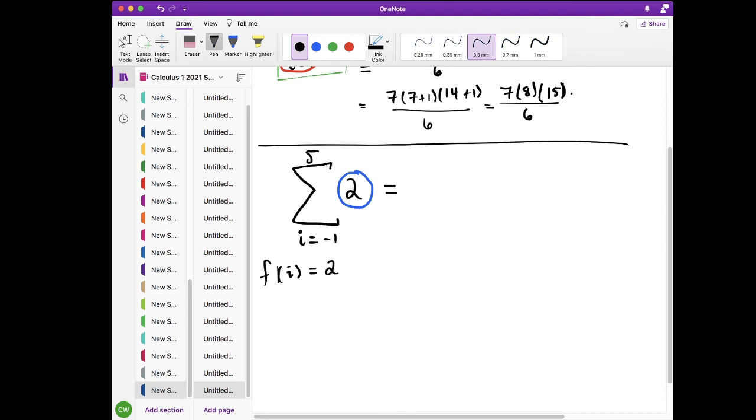Okay, so let's do our loop. What happens when you plug in -1 into 2? When you plug I equals -1 into the function 2, what do you get? Well, you get 2. It's the constant function 2. What happens when you plug in 0?